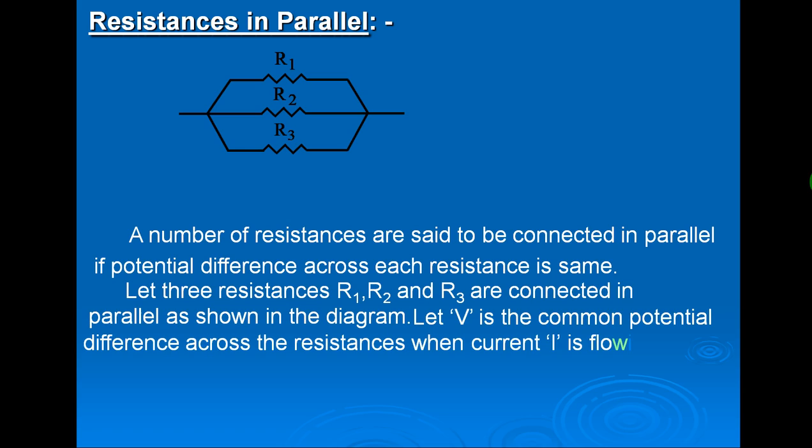Let V be the common potential difference across the resistances when current I is flowing.